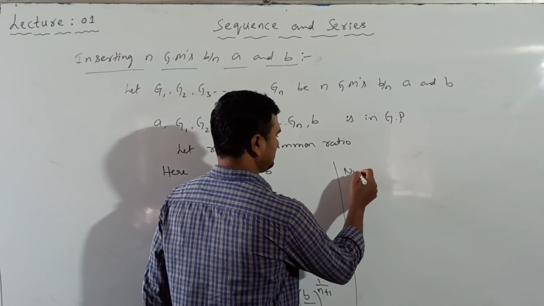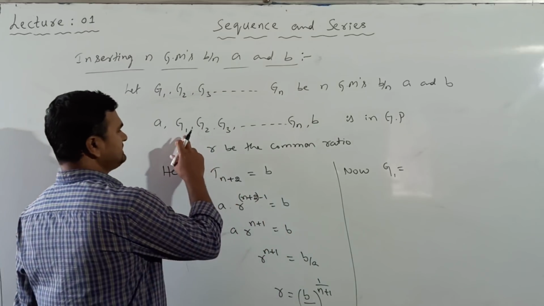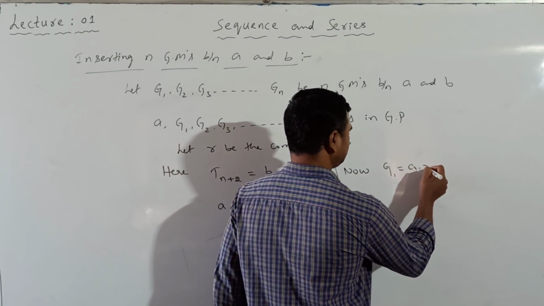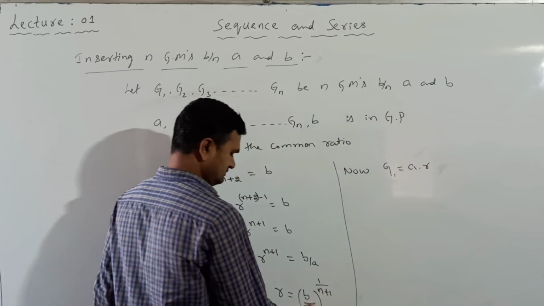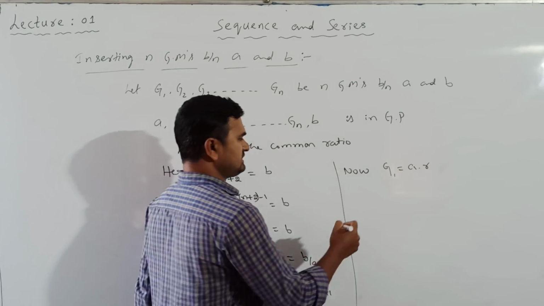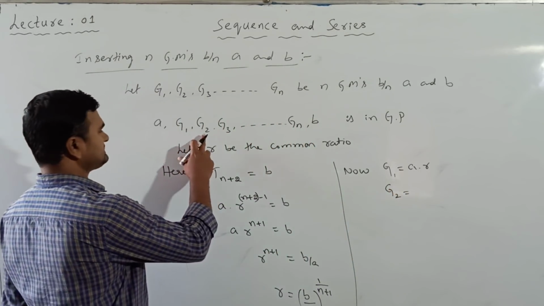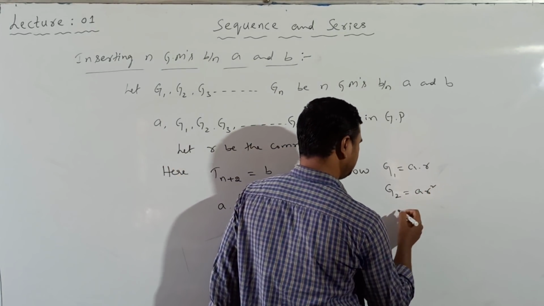So now we can take G1. G1 is the second term of GP, that is A into R. The R value we already know, so we can substitute here. What is G2? The second geometric mean is the third term of GP, A R square.